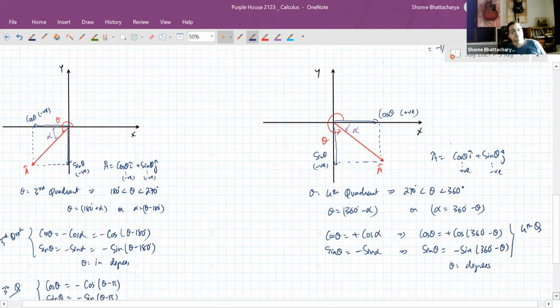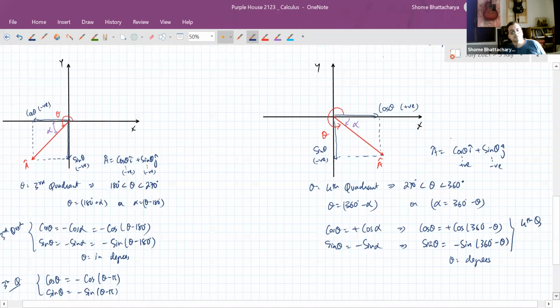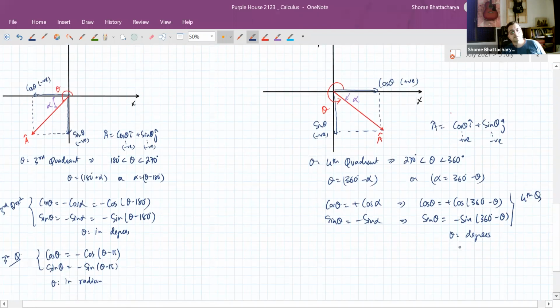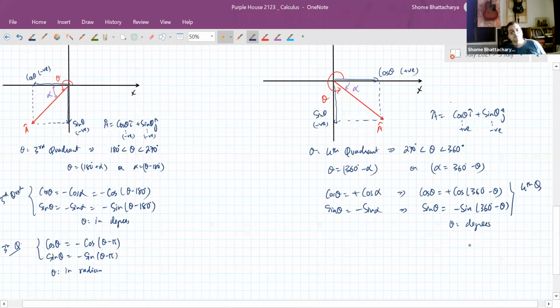Similarly, if we want to express theta in radians, it will become cos theta is positive of cos 2 pi minus theta, because 2 pi is equivalent to 360 degrees, and sin theta is negative of sin 2 pi minus theta. This is when we are expressing theta in radians.